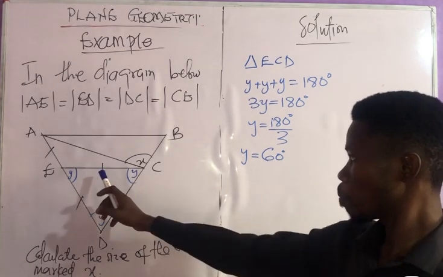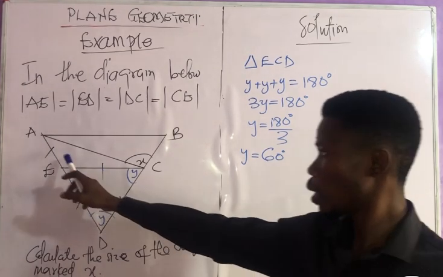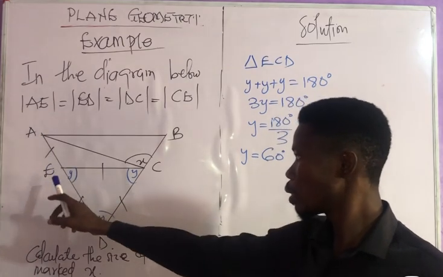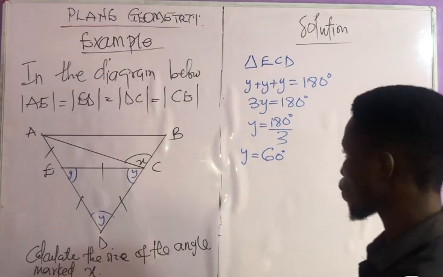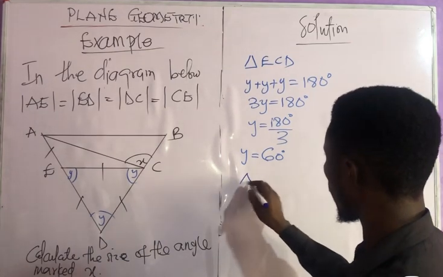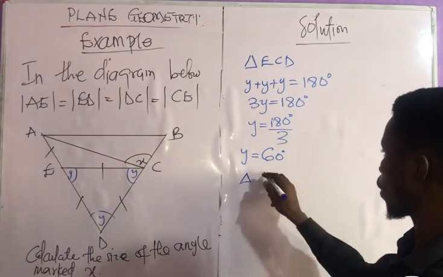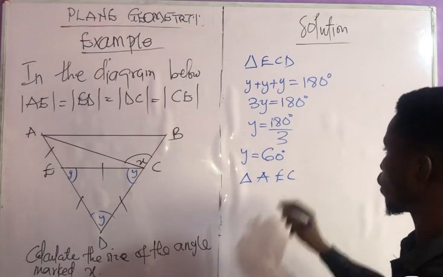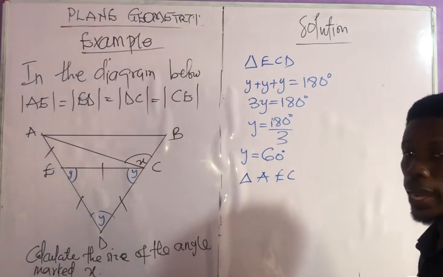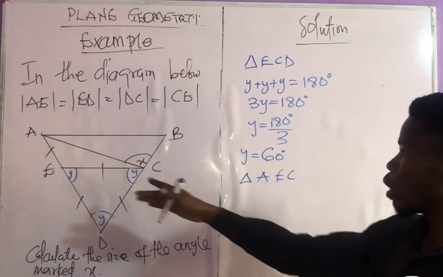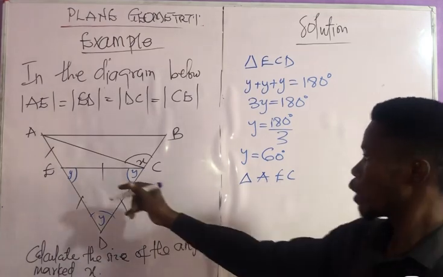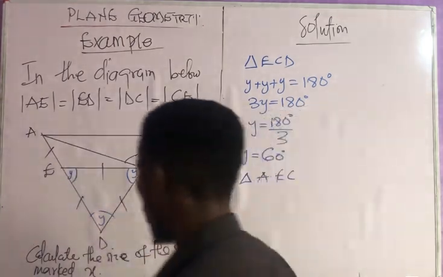Here and here, that's AE and EC are also equal. Meaning that triangle AEC is also what? An isosceles triangle. So if AEC is an isosceles triangle, it means that the base angles are also what?